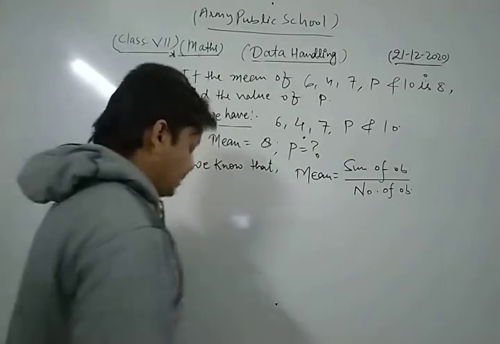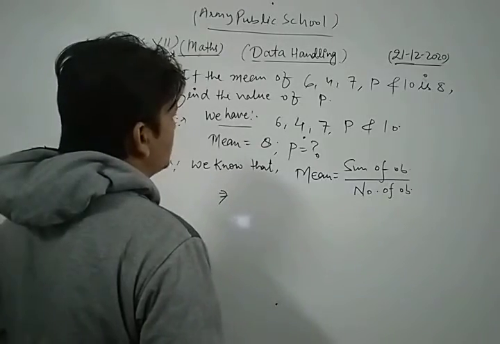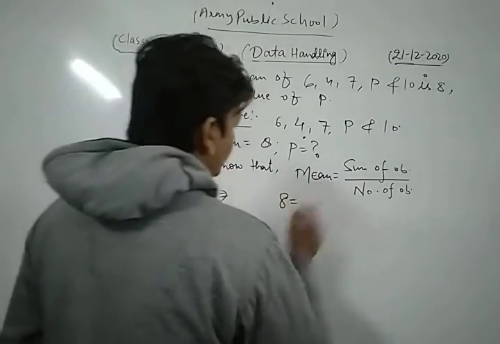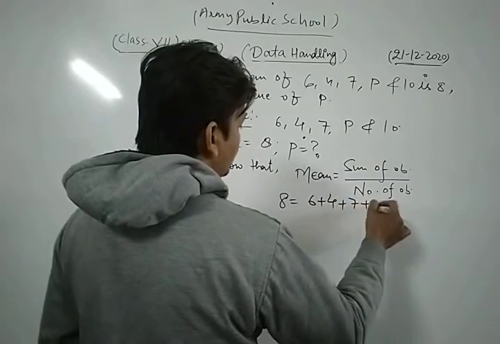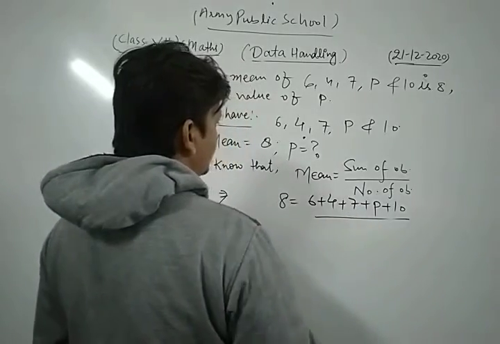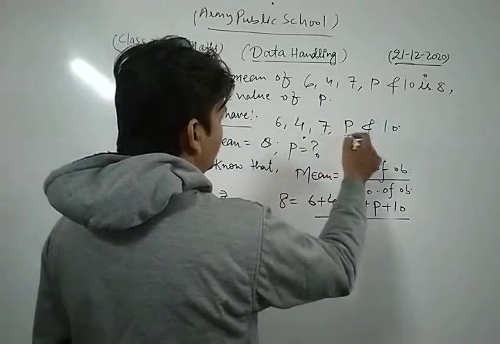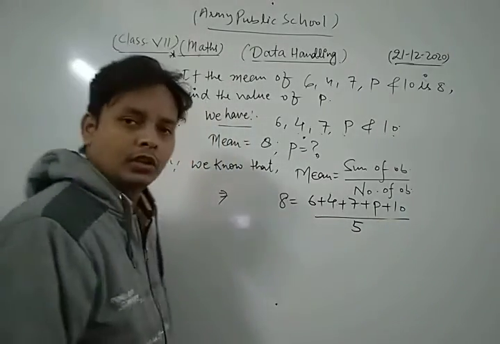Now we put the values: the mean is 8, so 8 is equal to the sum of observations, 6 plus 4 plus 7 plus p plus 10, divided by the number of observations, which is 1, 2, 3, 4 and 5. Here we put 5.